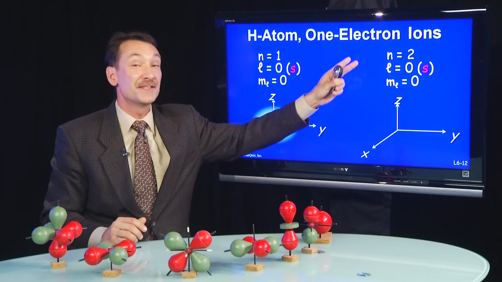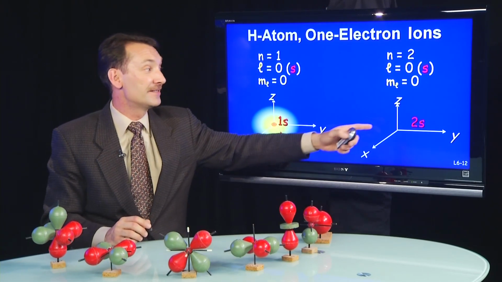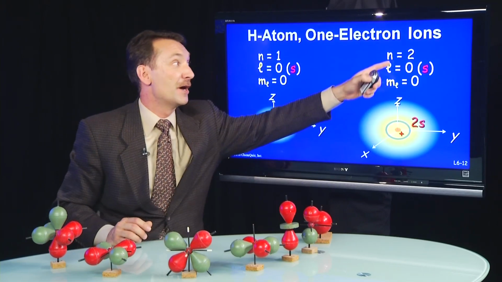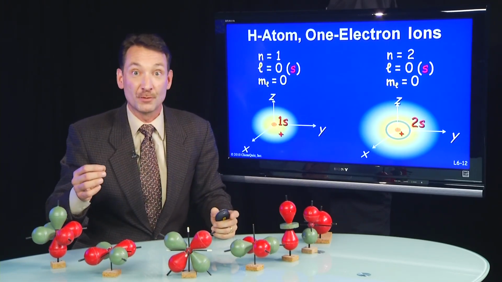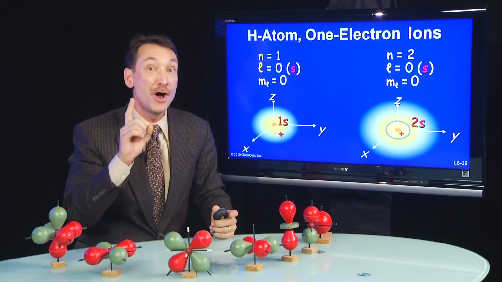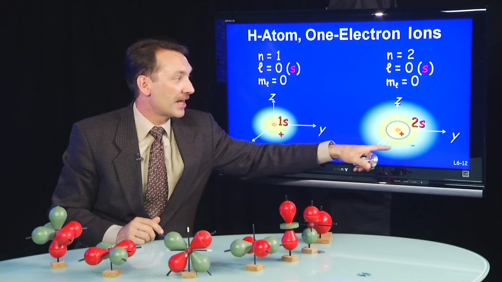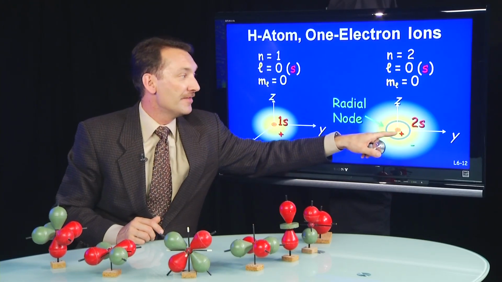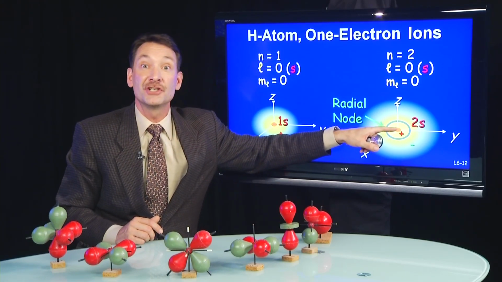So what we have here is another spherically symmetric orbital. But in this case, it's a 2s orbital, and n equals 2, so the total number of nodes, n minus 1, is 1. There must be one node in the 2s orbital, one region where the probability of finding an electron goes to 0. So we designate that by kind of shading the node and then putting plus and minus, indicating that the wave function changed sign.